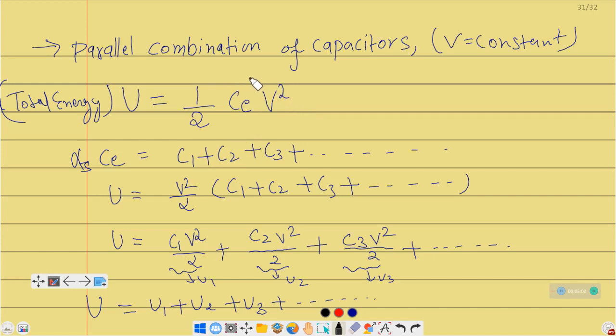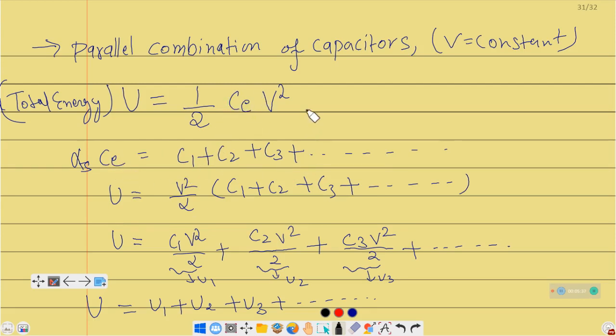Here there is more than one capacitor, so we have to take the equivalent capacitor. For parallel combination, the equivalent capacitor will be the sum of the individual capacitances. So the equivalent capacitor equals C1 plus C2 plus C3 and so on. Now we have to put the expression of Ce in here.